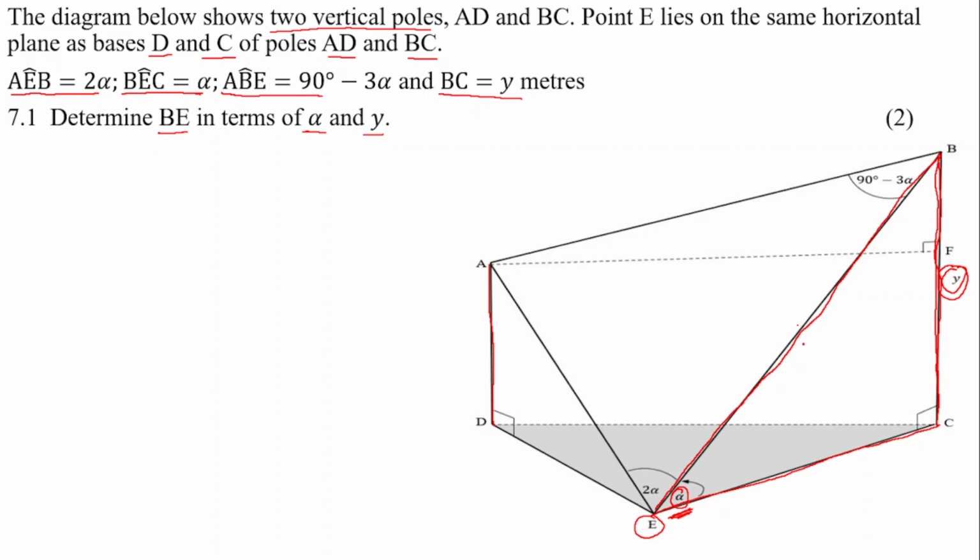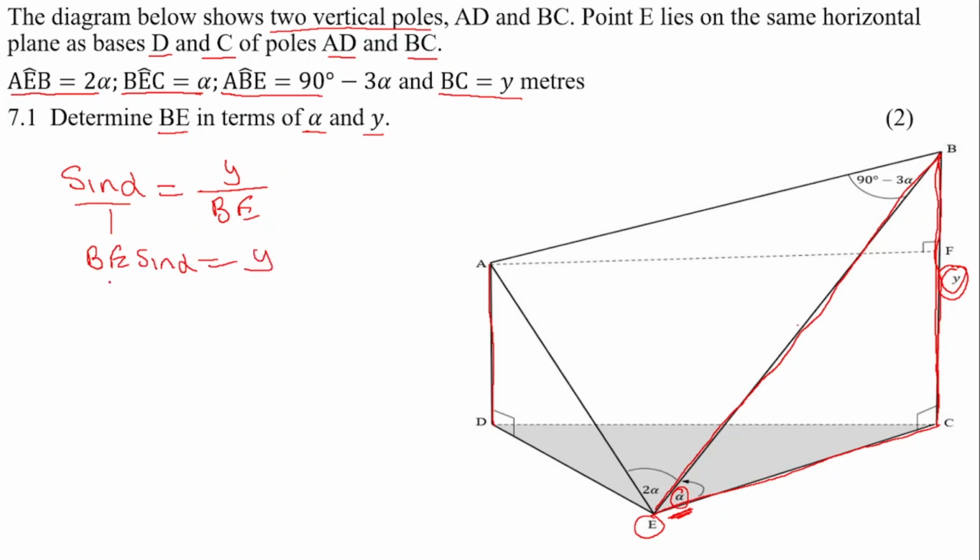That would be sine of an angle. So sine alpha is equal to the opposite side, y, over the hypotenuse, BE. This is like sine alpha over 1. Here we can just cross multiply and say BE sine alpha is equal to y.